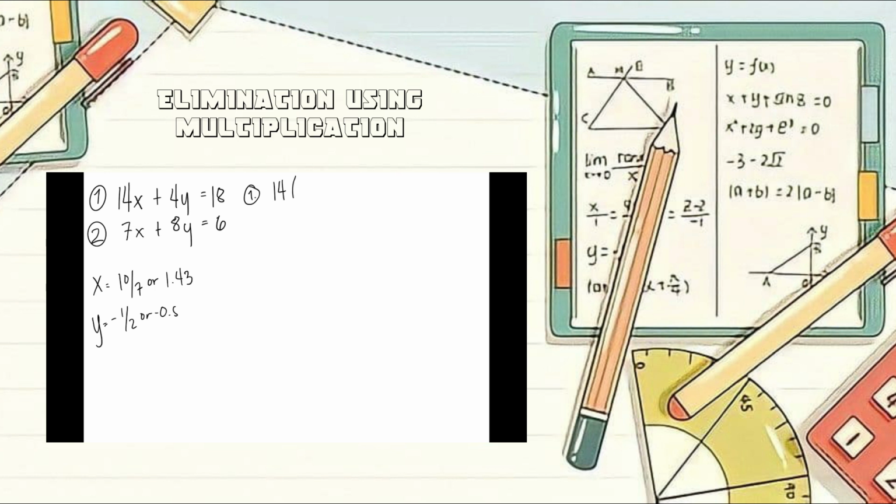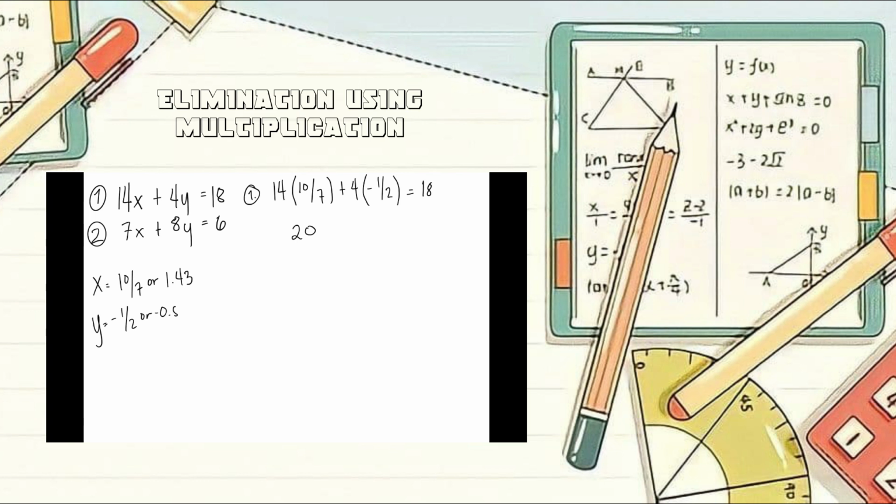So now we'll substitute it. 14 times 10 over 7 plus 4 times negative 1/2 is equal to 18. Okay. And then 14 times 10 over 7 is equal to 20.